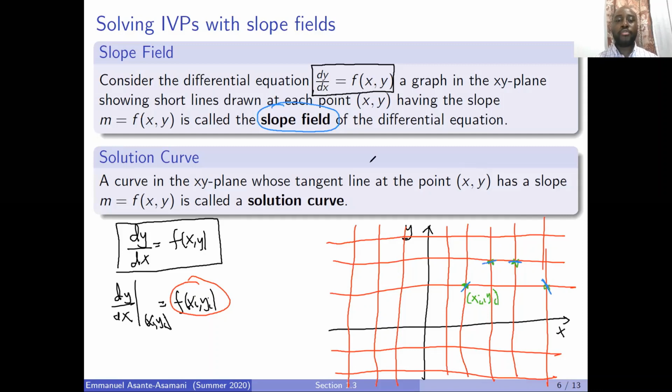Okay. Now, if you want to visualize a specific solution, so you want to pick out some particular solution, one thing that you can do is, at every point, just draw a curve that simply touches your tangent line.